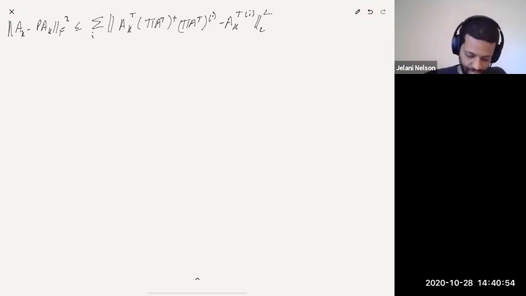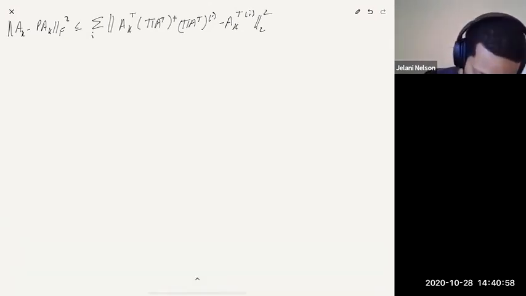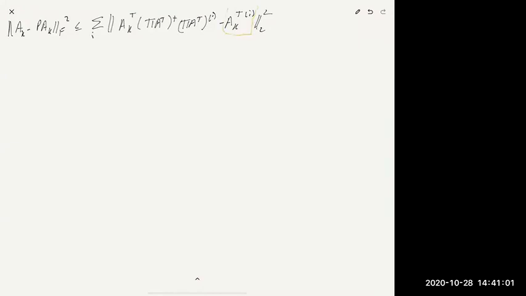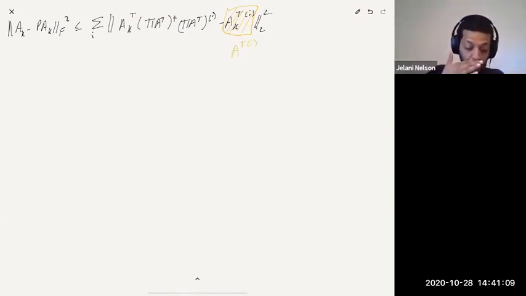Imagine for a second, this is not what we have, but imagine for a second that this was actually A transpose i. Now, does it look like anything?